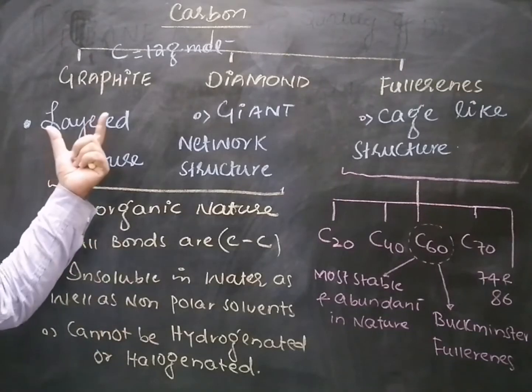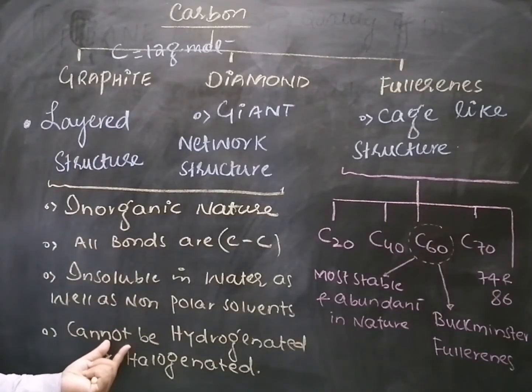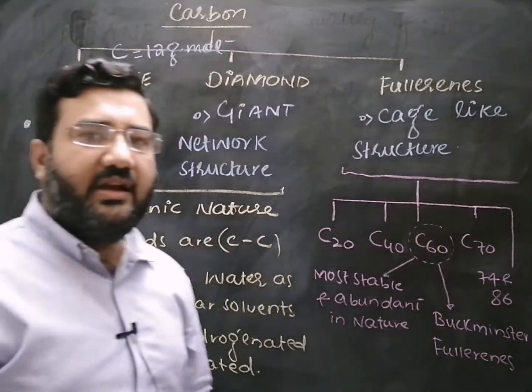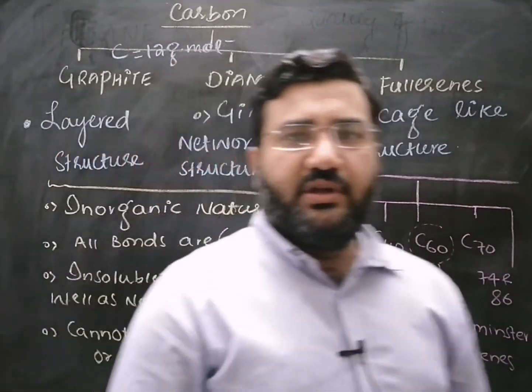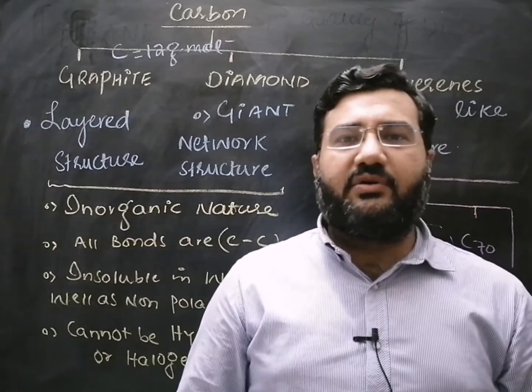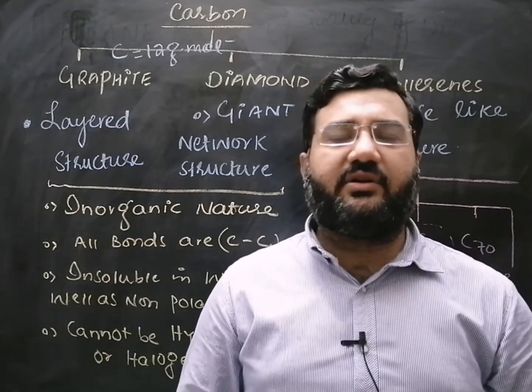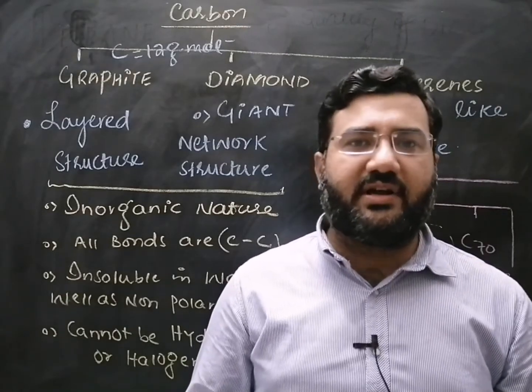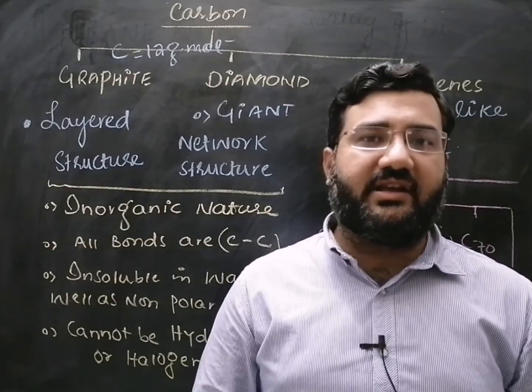Similarly, graphite and diamond are inorganic because they cannot be hydrogenated or halogenated like organic compounds. You know that organic compounds like unsaturated hydrocarbons, alkenes and alkynes, can be halogenated and hydrogenated, and they show addition reactions.